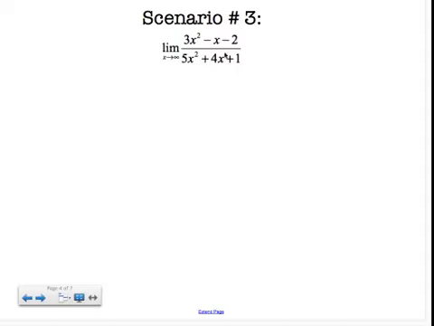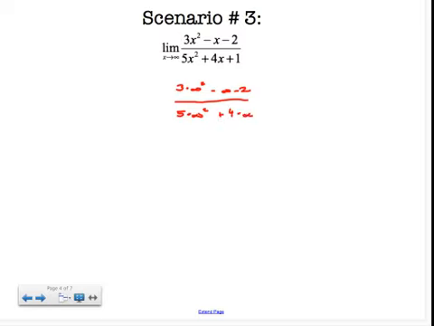Look what happens. If I do a mental plug-in, I'm going to get 3 times infinity squared minus infinity minus 2, divided by 5 times infinity squared plus 4 times infinity plus 1.